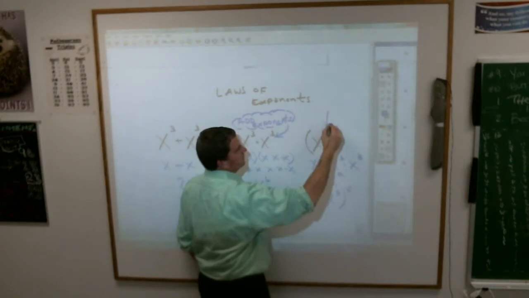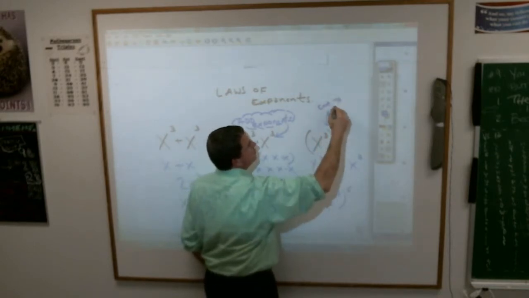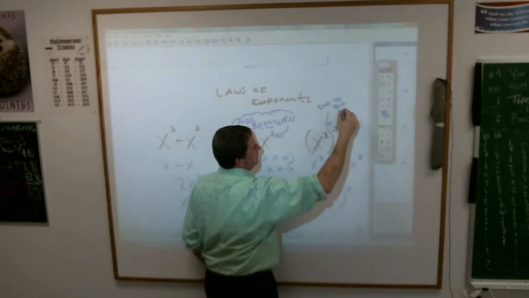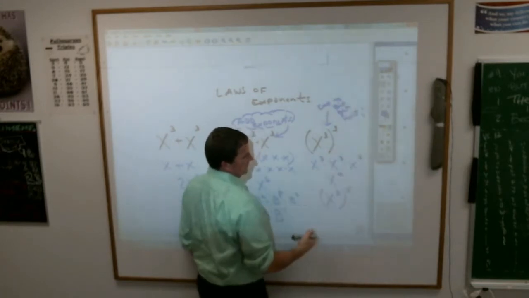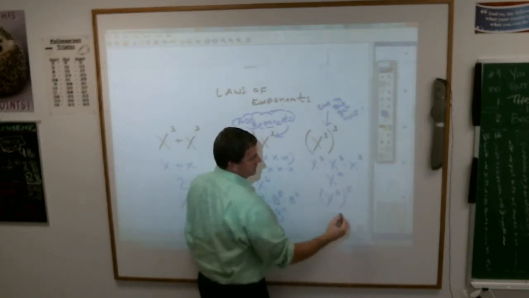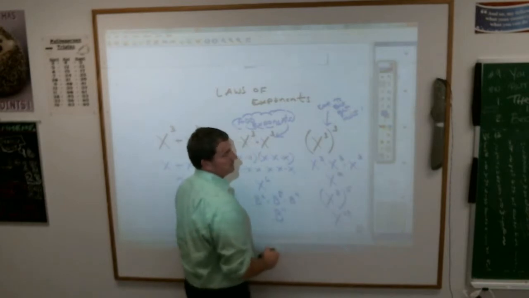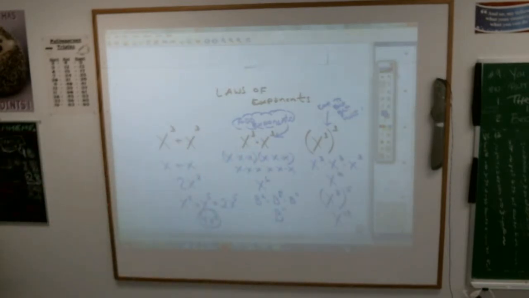When you have exponents to exponents, exponents get multiplied. So if I have x to the 8th to the 5th, you end up with x to the 40th power. 40 x's times themselves.